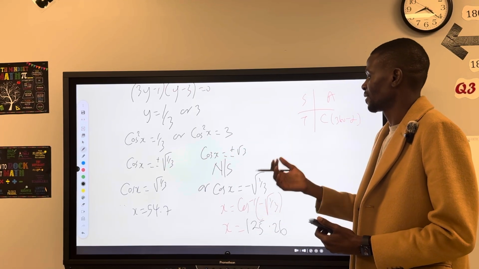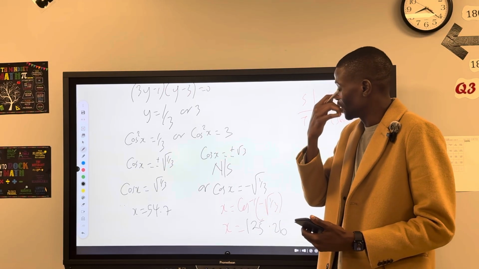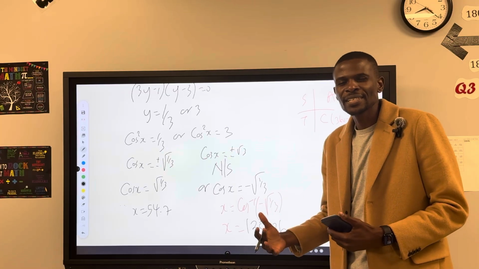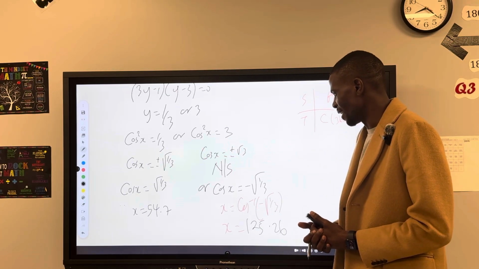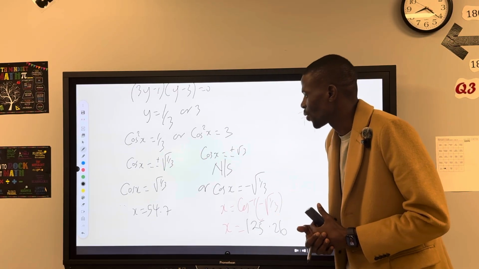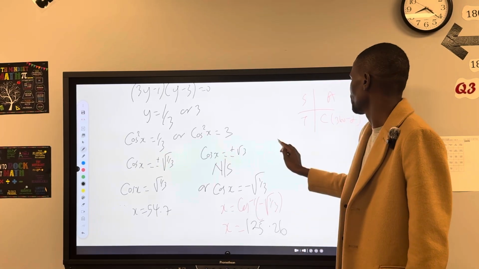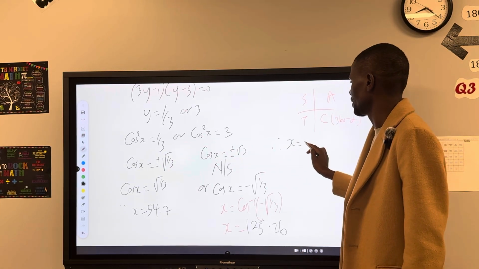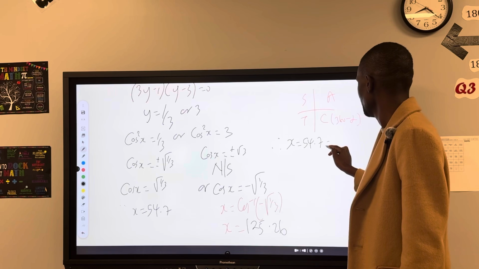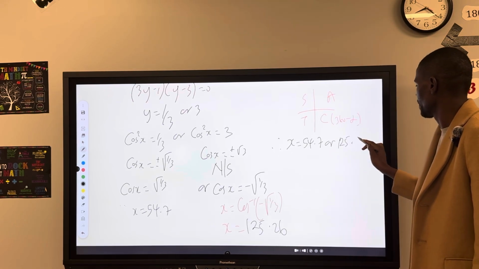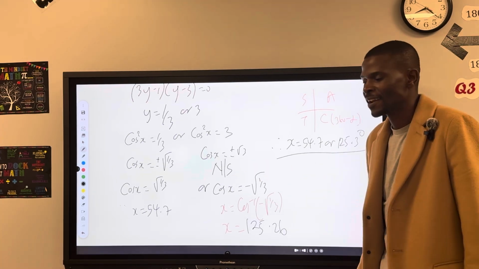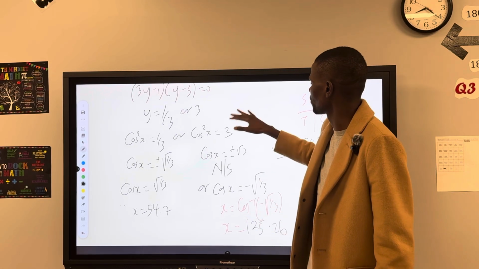So if it's SEAB, you have to estimate your answer correct to the nearest degree, but here we leave our answers correct to 1 decimal place. So therefore, x is equal to 54.7 or 125.3 degrees. Then we are done. We have solved that problem.